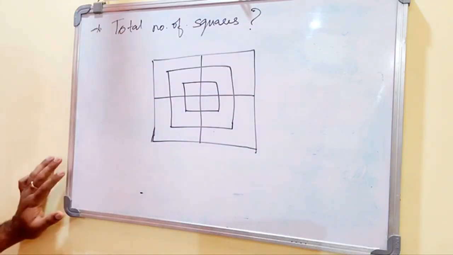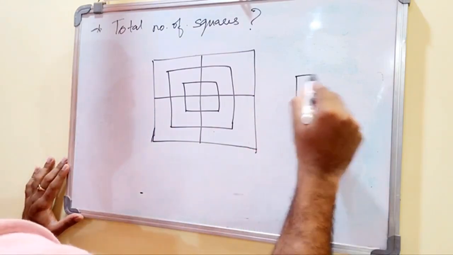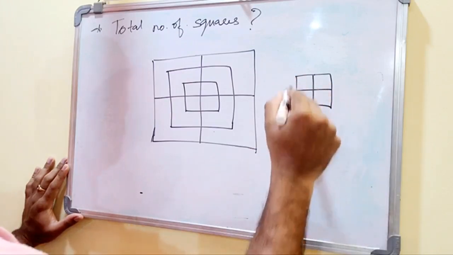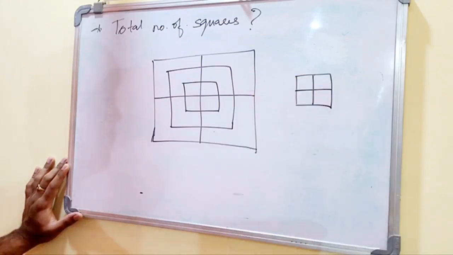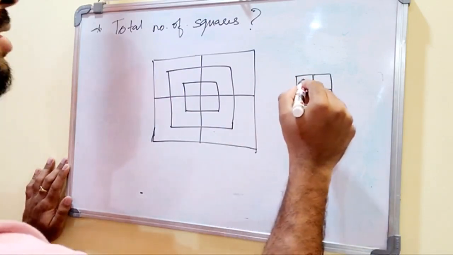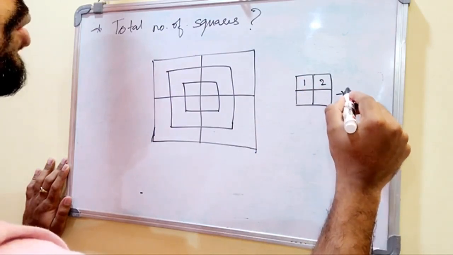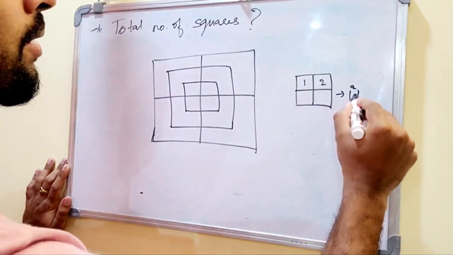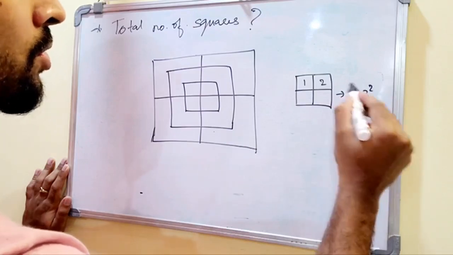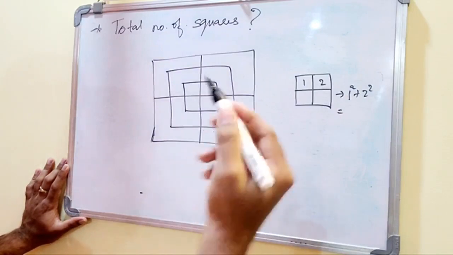So the trick is, in the first example we had discussed that if the given figure is a square and there are smaller squares, you will first number them and then find the total number of squares by this method. The sum of squares of these numbers will give you the total number of squares.